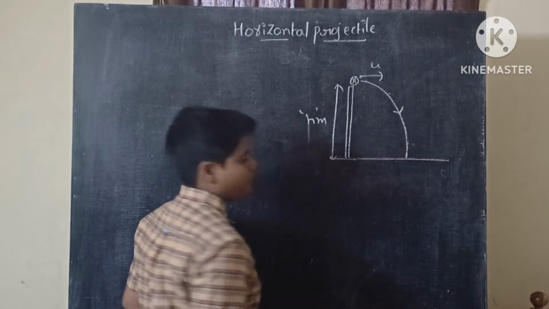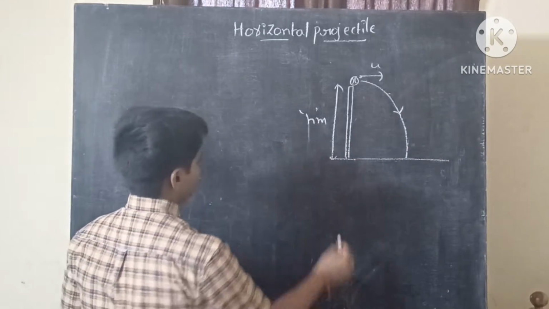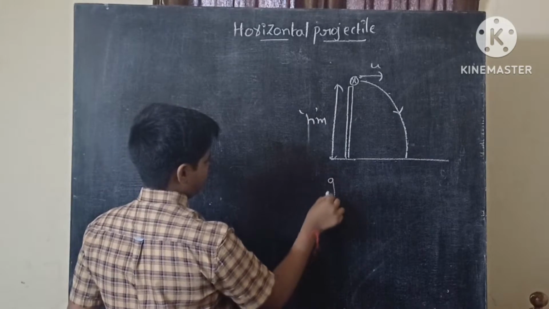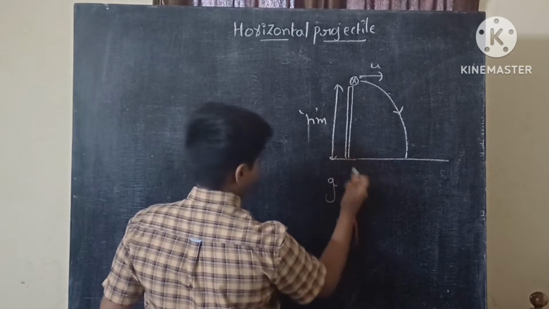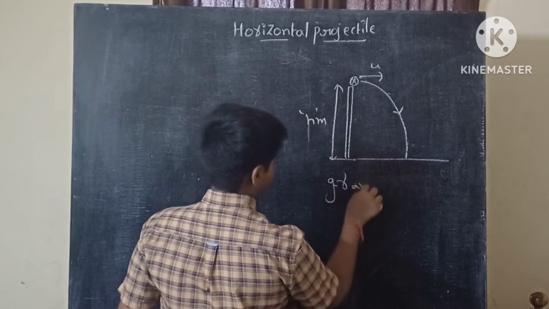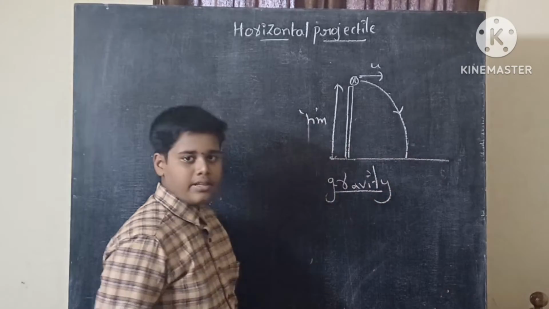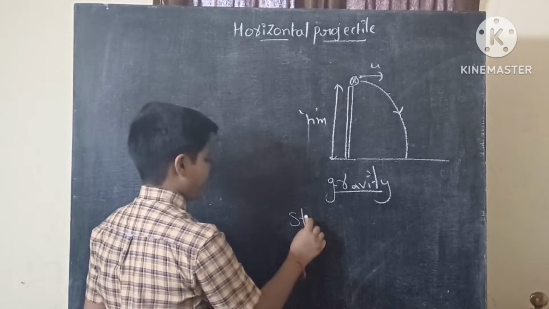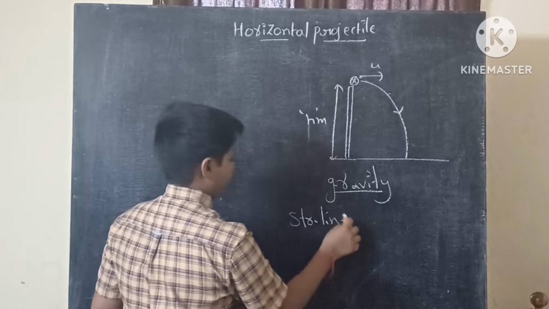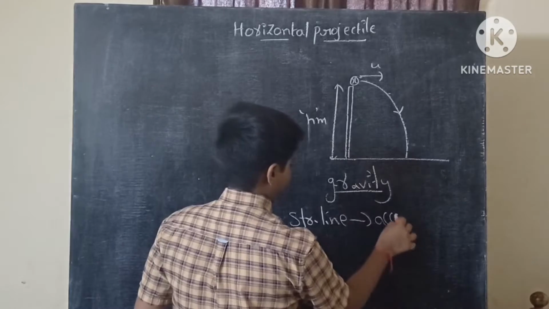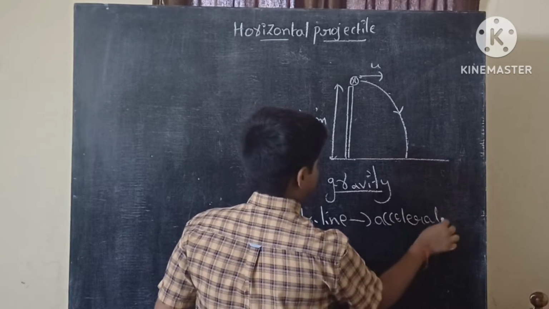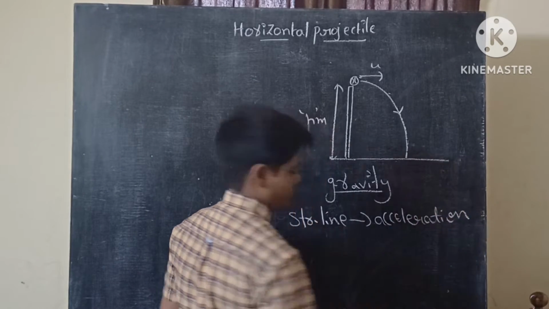Before going to horizontal projectile, first we have to know what is gravity. In a straight line we know there is acceleration.